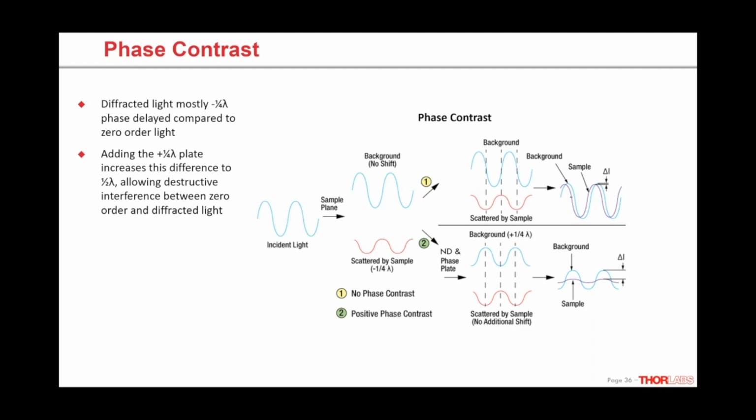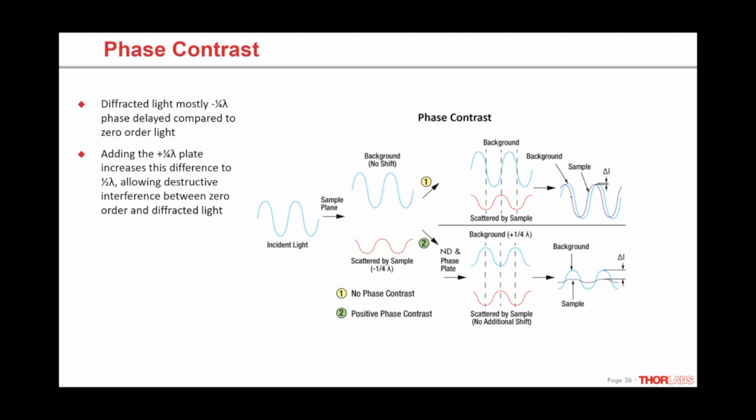For thin biological structures, the scattered light is delayed by about a quarter wavelength relative to the undiffracted light. This quarter wavelength shift is not very well visible though, because it's much dimmer or smaller in amplitude relative to the background light for most transparent specimens.